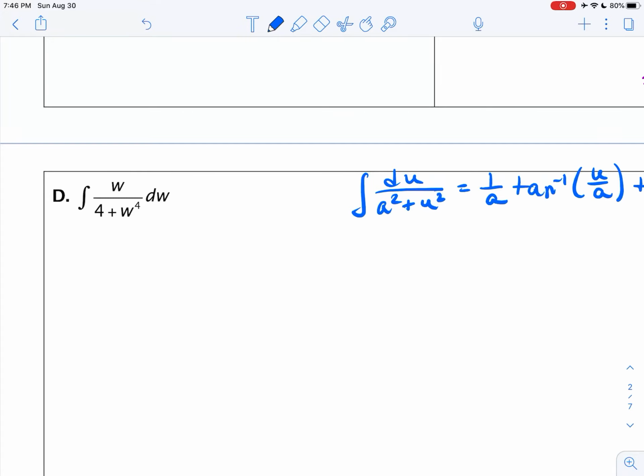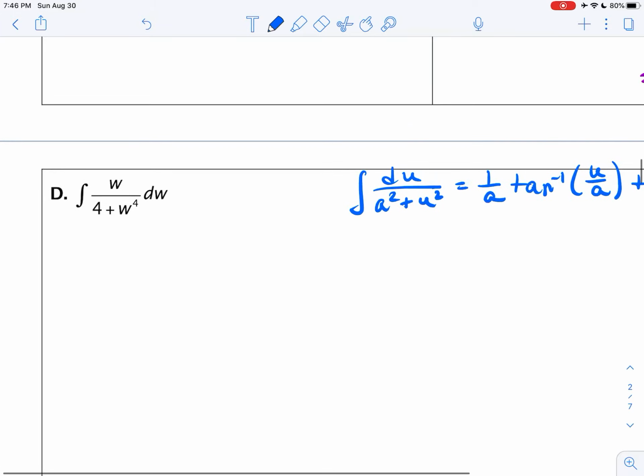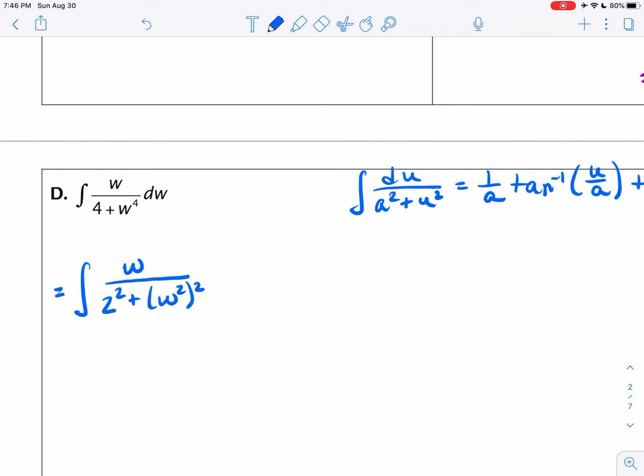And I see here I've got a w to the 4th power, and I have a w dw in the numerator. So I'm going to look to first transform this to have some form of a composition of functions. So I see that this is w over 2 squared plus w squared squared dw.